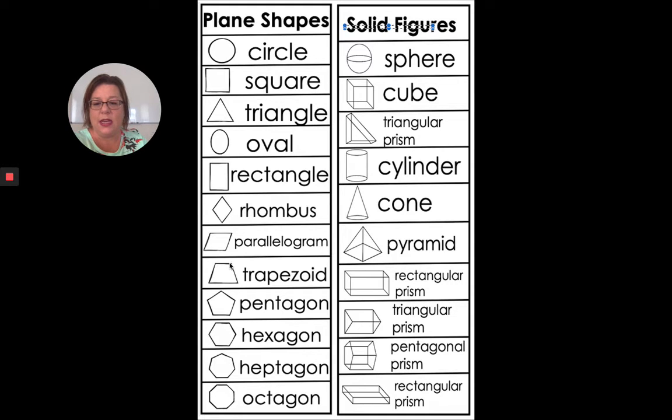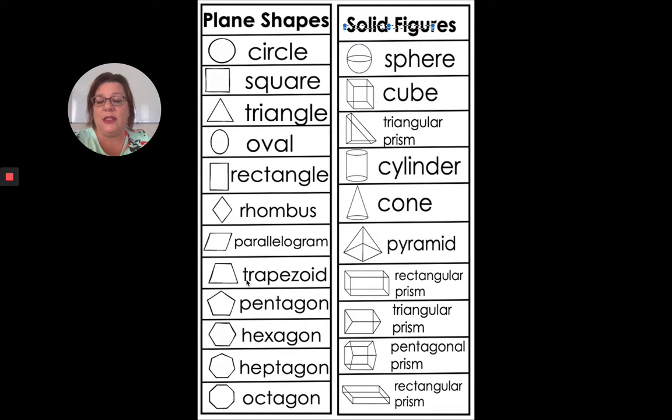It has 1 set. Remember, a set is something that goes together, just like my glasses has a set of lenses and my eyes are a set and shoes are a set. They come in pairs, right? So that is 1 set of parallel lines and then 2 sides that go up towards each other, that if they were continuous lines, they would actually touch and cross over each other.